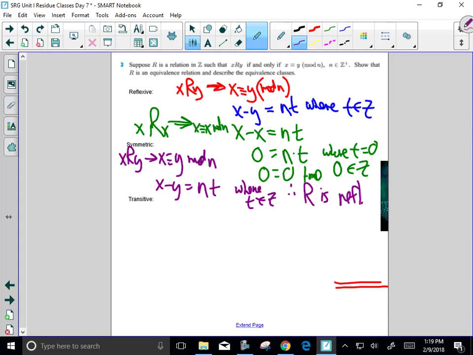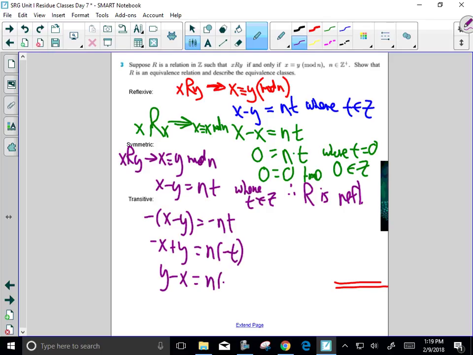Can I multiply both sides by -1? Is that legal? Yep. And then I'm going to get negative X plus Y equals N times negative T. What could we do with this? Switch it: Y minus X equals N times negative T.